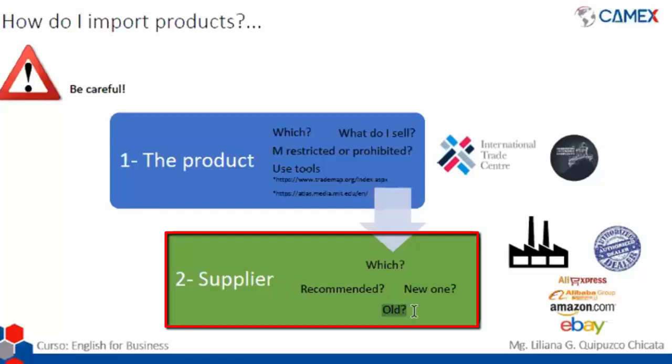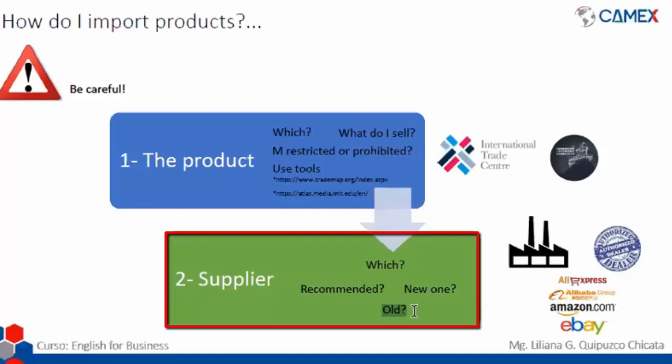This would mean that I'm using an old supplier. Or maybe in 2017 I used another supplier, so in 2019 I'm not going to use my supplier from 2018, instead I'm going to use the one from 2017. This could also mean that you're using an old supplier. Okay?